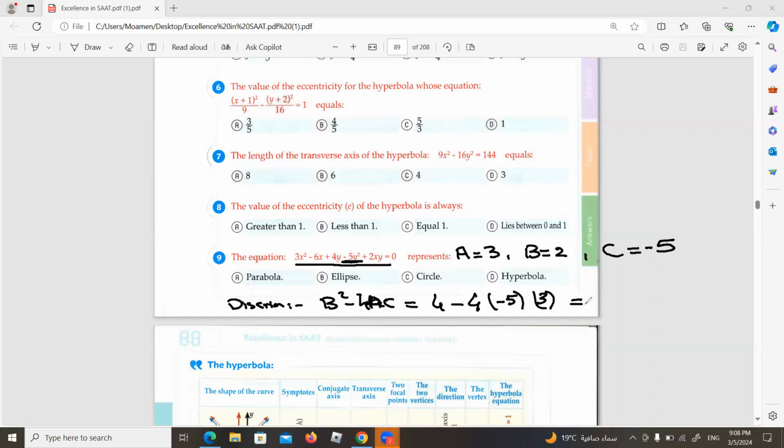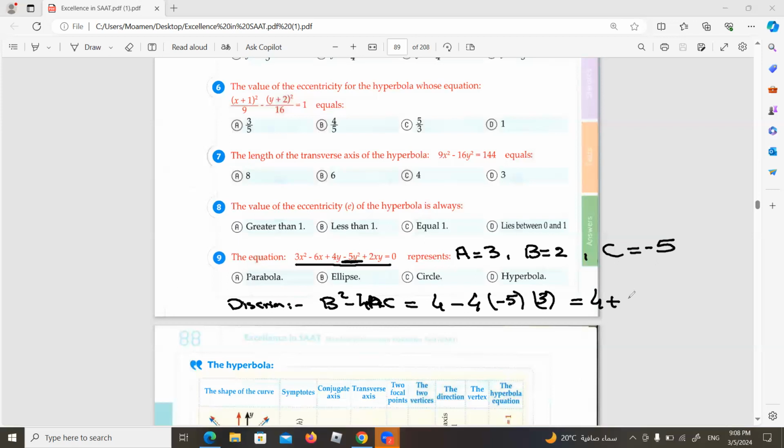Calculate with me, please. It's negative here, and negative times negative is a positive. So no need to complete, because you have here a positive number; you will add to 4, so it becomes positive.